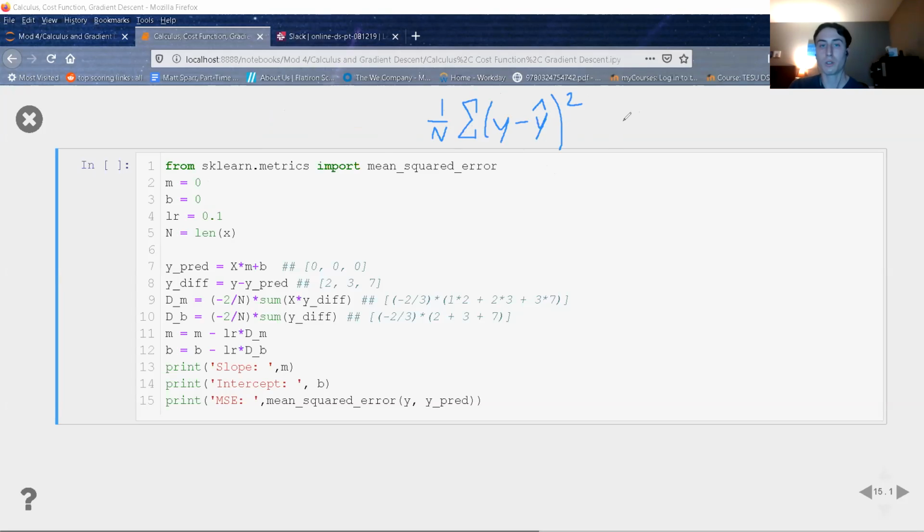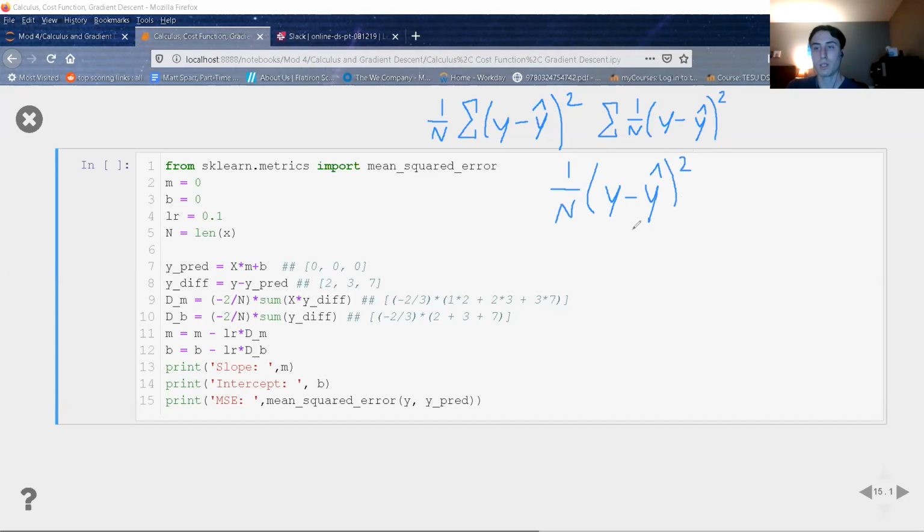One thing we can do is move the 1 over n inside, because if we're just dividing everything by n, we can do it either individually or at the very end. We're going to drop the sum for now and just worry about finding it point by point. So we just have 1 over n times y minus y hat squared.